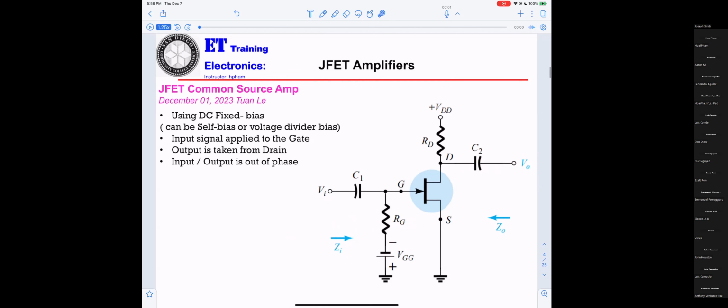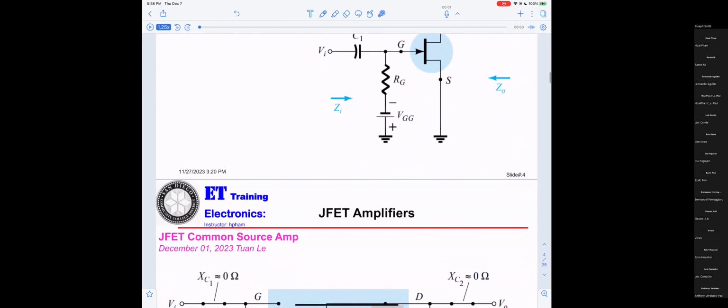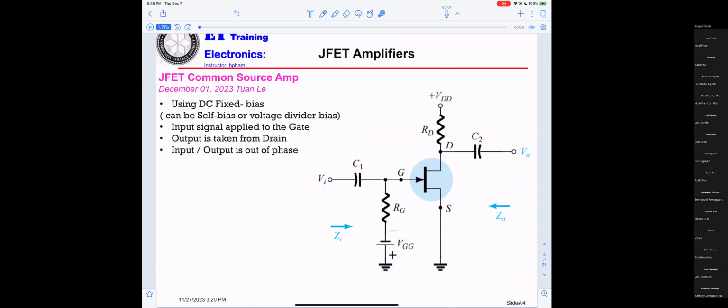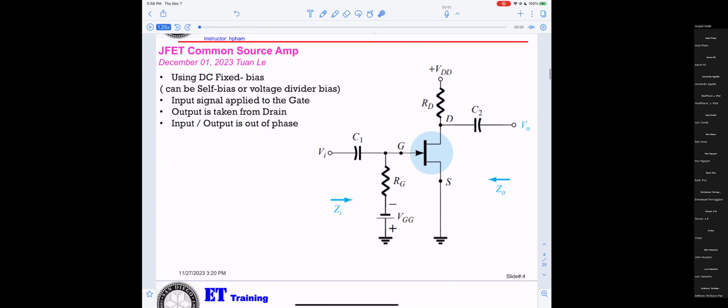Okay? And also in here, they already tell you, input signal applied to the gate, output is taken from the drain, input and output out of phase. That's what you need to know, okay?